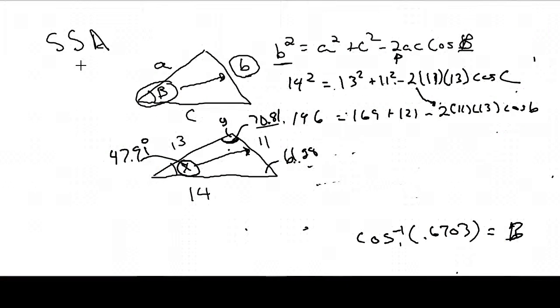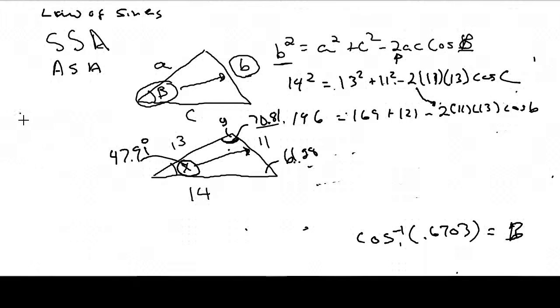Okay, just to recap, and I'm actually going to write these down here. When you have side angle angle, or angle side angle, you want to use law of sines.